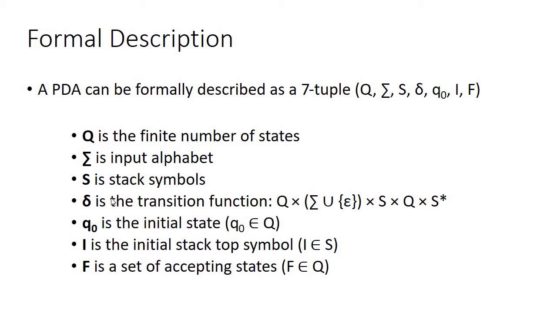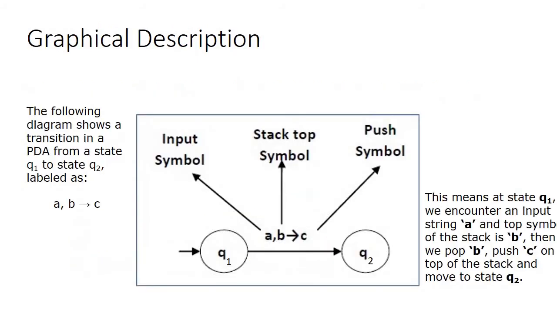Delta, the transition function, contains the transitions which happen in the finite state machine. At the same time, it also gives the operational activity of the stack. Q naught is the initial state which belongs to the set of states, and Z is the stack top symbol, whereas F is the set of accepting states. Again, it should be a member of the state set, that is Q.